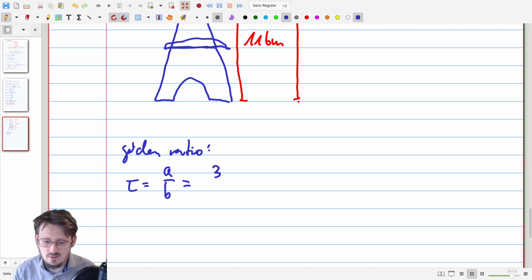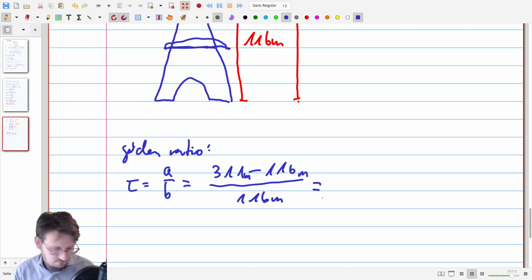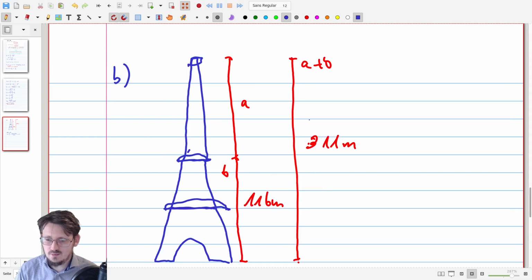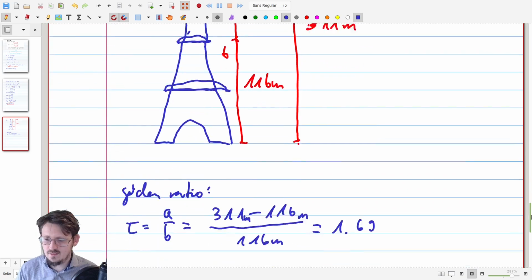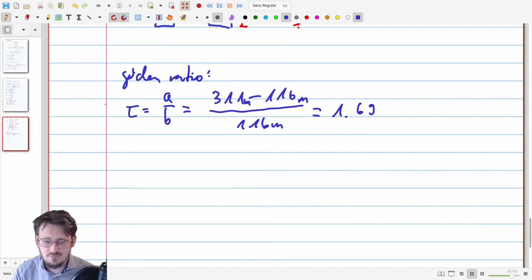So this would be 311 minus 116 meters divided by B, and this is again our 116 meters. And if we calculate this with the help of a calculator, we find that this is 1.69. So the ratio between this one and this one is 1.69.